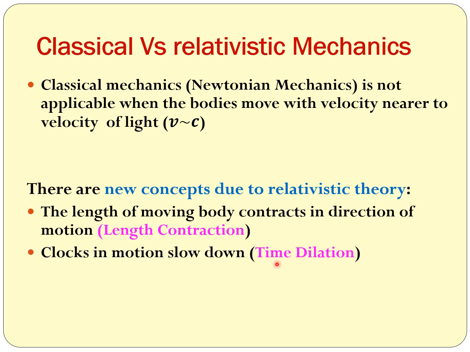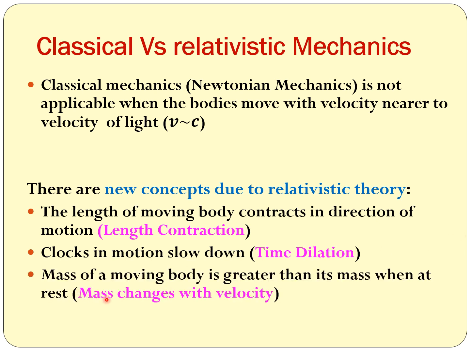Also, there is an effect known as time dilation, meaning clocks in motion get slowed down, and mass also changes with velocity. So the mass of a moving body is greater than its mass when it is at rest. Usually we take these quantities as constant in classical mechanics, but here we will see that using relativistic theory these quantities also change.